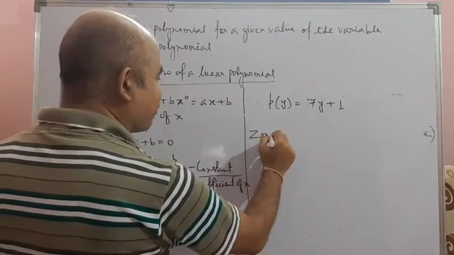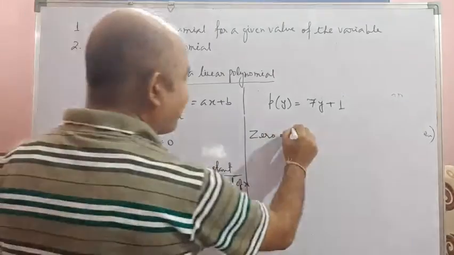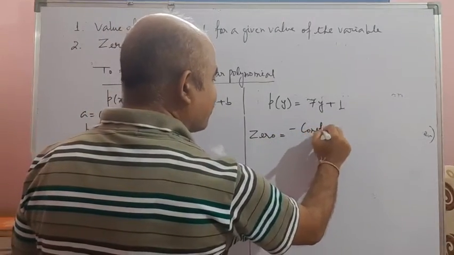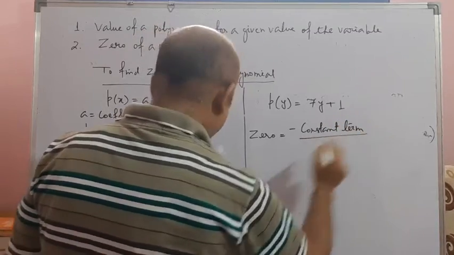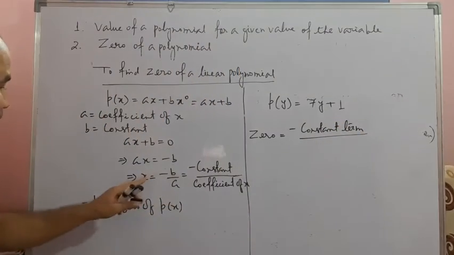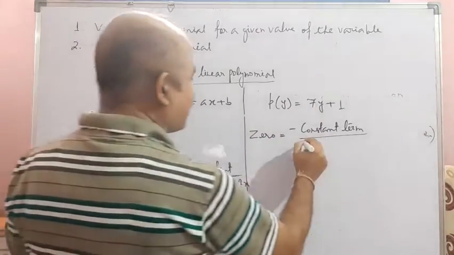0 is minus the constant term, divided by the coefficient of x, because the variable was x. Now in my example it is y, so the coefficient of y.